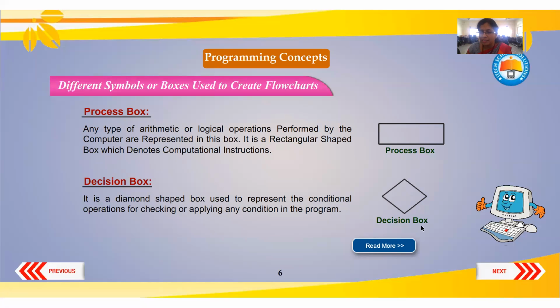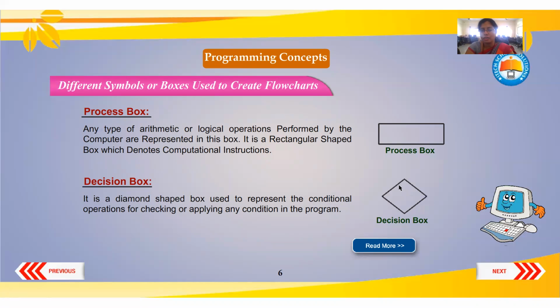Now the next one is a diamond shaped box, correct? This diamond shaped box represents conditional operations for checking or applying any condition in the program. Now when we say a condition, what I mean is, for example, greater than or smaller than.